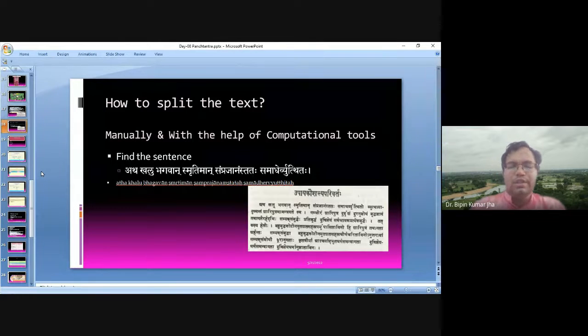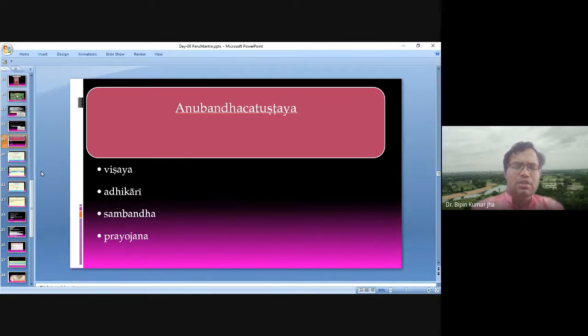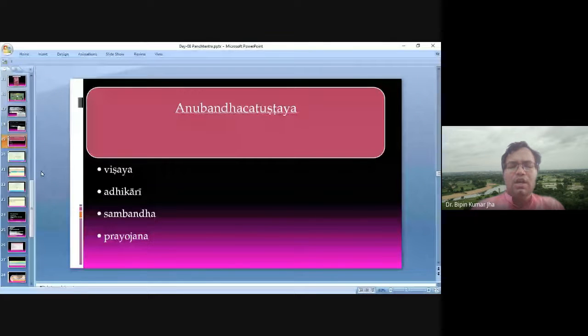Specifically, whatever we studied in the starting classes: naam, akhyat, upasarg or nipat, noun, pronoun, adjective, verb, adverb, preposition, conjunction, and tradition. All these things, how you can use them in extracting the meaning from sentences. I have given some examples, and we have explained the Vishaya, Adhikari, Sambandh, and Prayojan.